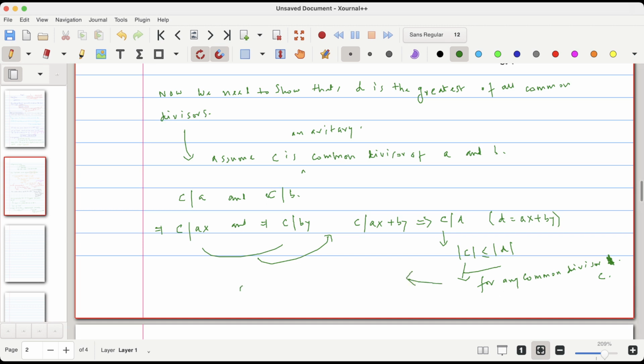That means D is the greatest among all the common divisors of A and B, which is specifically the GCD of A and B. Understood? This is how we prove our first theorem.